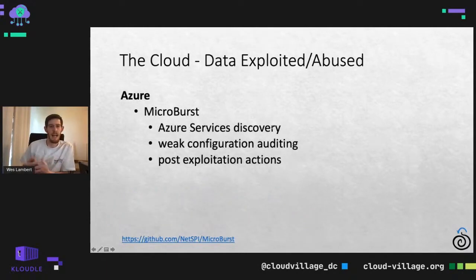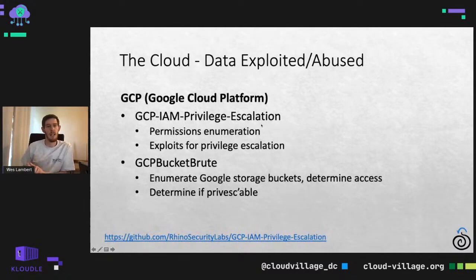And similarly with Azure, we have MicroBurst. With MicroBurst, you can perform things like Azure Services Discovery, look for weak configuration, and maybe see where some post-exploitation could occur, and get into some other frameworks as a result of that. In GCP, GCP IAM privilege escalation, by Rhino Security Labs, is great for things like permissions enumeration.